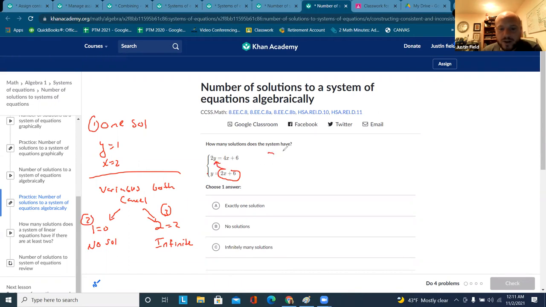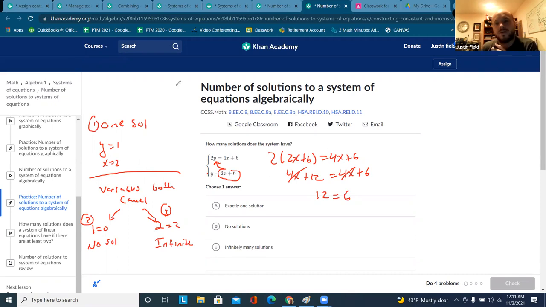So now we get 2 times 2x plus 6 equals 4x plus 6. And then we go distribute that. And you see that I have 4x on both sides. So what's going to happen is those variable terms are just going to cancel out. And I'm left with 12 = 6.